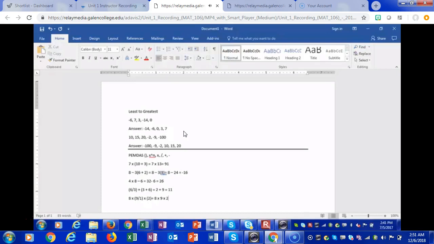So what is 72 times 2? That is the equivalent of 144. All right. 19 minus (10 divided by 2). 10 divided by 2 is inside of the parentheses, so we do that first. 10 divided by 2 is 5, so 19 minus 5 is 14.